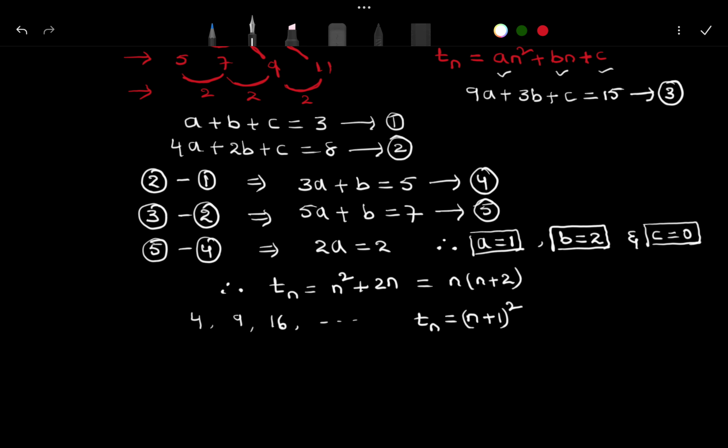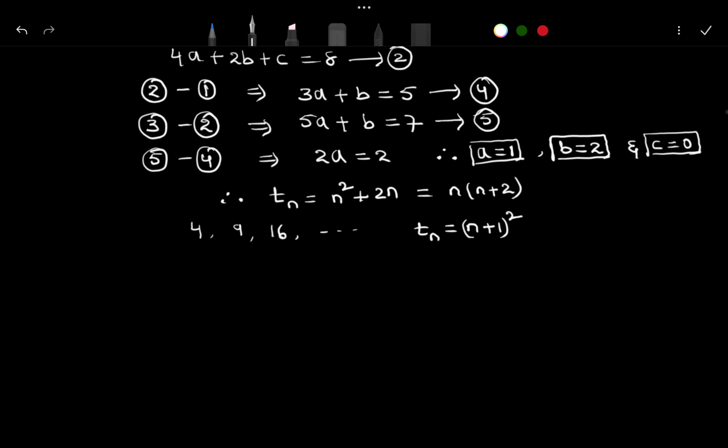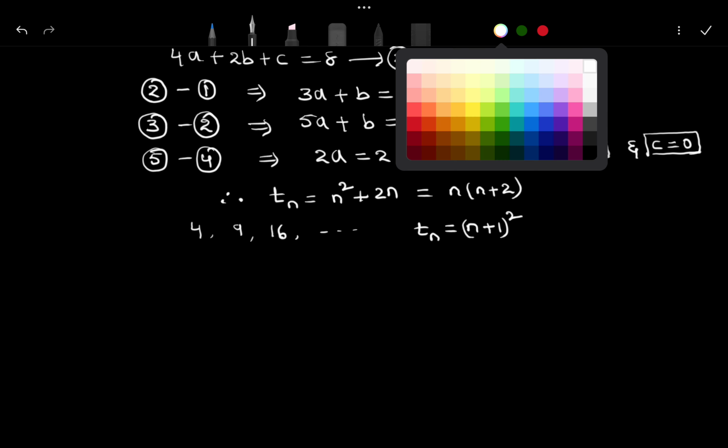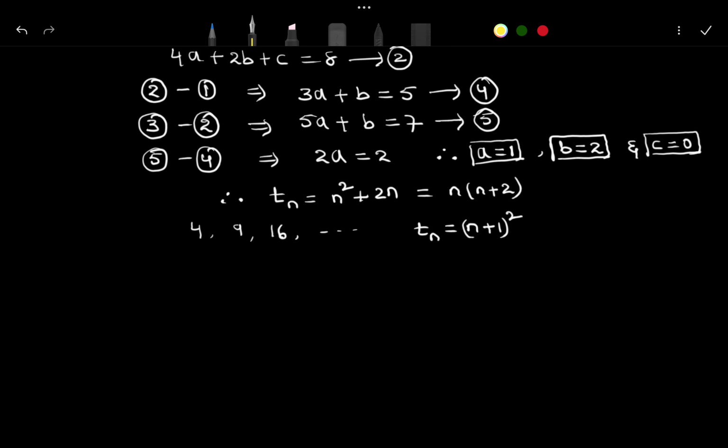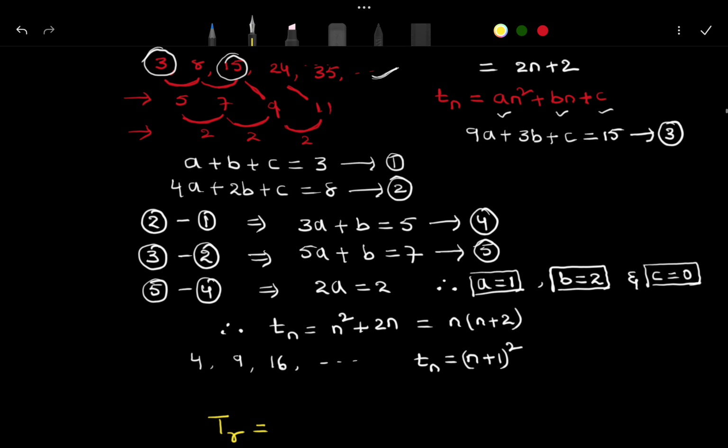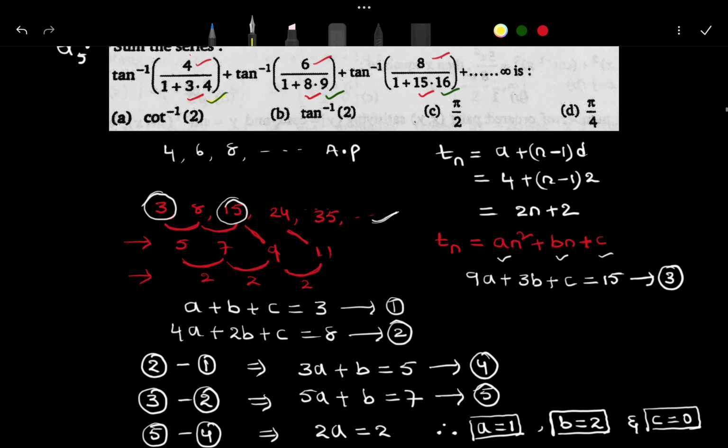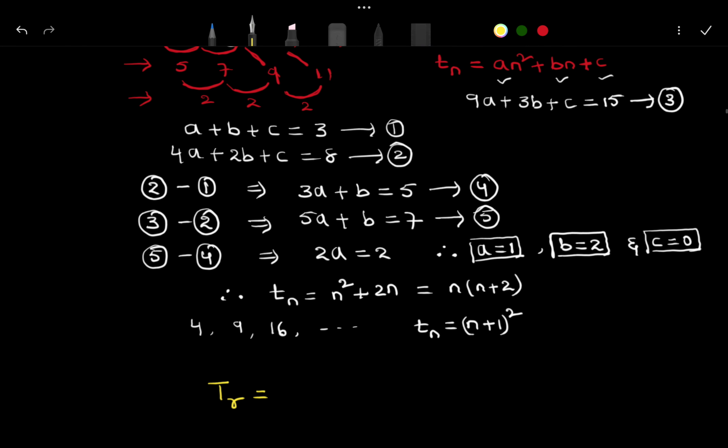Now after this, what is the general term Tr? The general term Tr is equal to tan inverse of the numerator's nth term, which is 2n plus 2.